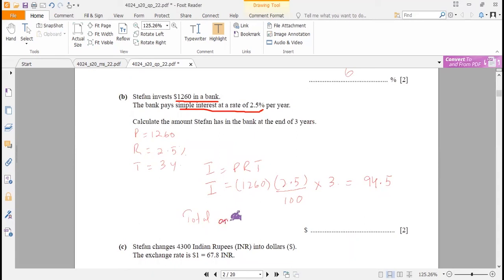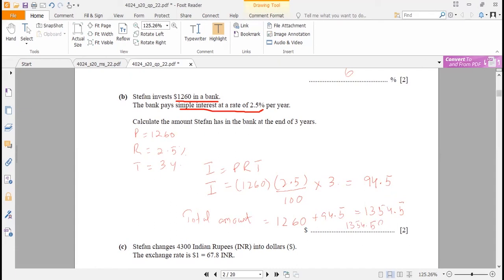Total amount equals 1260 plus 94.5. So the result will be $1,354.5.